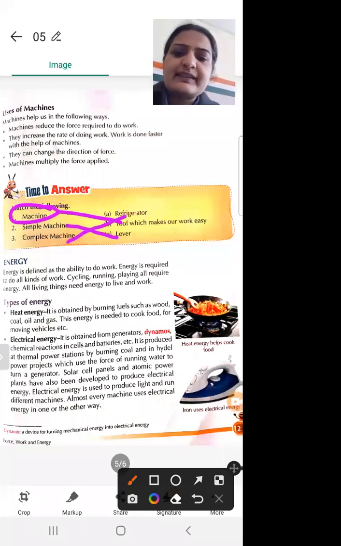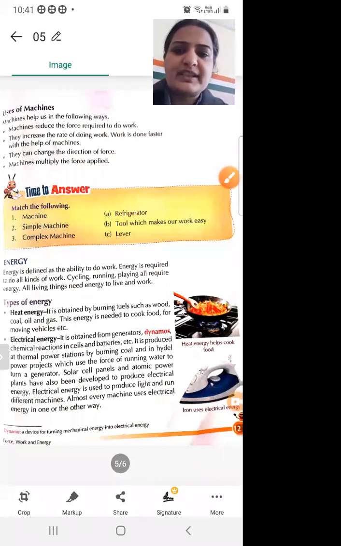So machine is matched with tool which makes our work easy. And next is simple machine. Lever is an example of simple machine, and refrigerator is an example of complex machine.